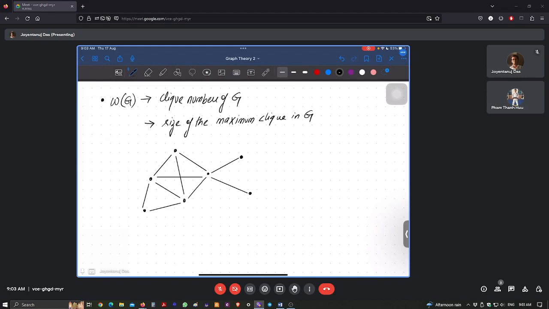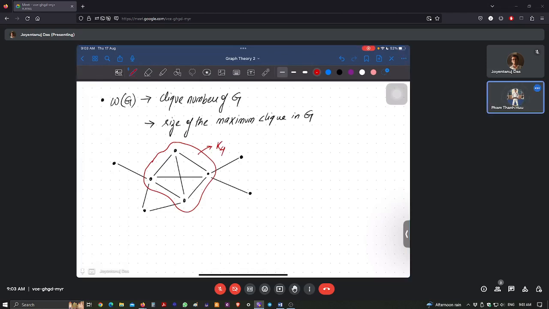What is the largest clique possible in this graph? Four, right. This is a clique, so this is a K4. This is the maximum clique that I have as an induced subgraph. So the clique number of this graph will be 4, right? The next definition actually includes that.